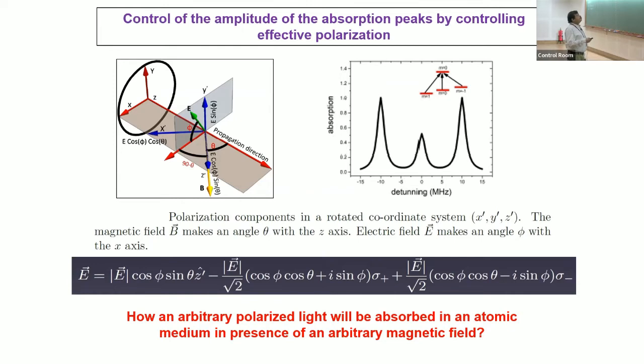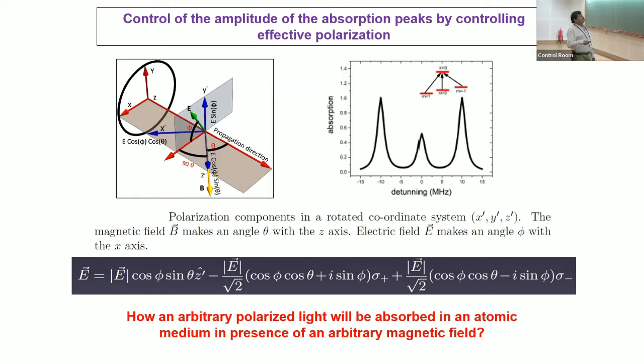So what we want to do is control the amplitude of these absorption peaks by controlling the effective polarization. In this case, obviously all the transitions will take place, but the intensities will not be the same, and how they change is the interesting fact. Here the electric field depends upon phi, that is the polarization axis, as well as the quantization axis, that is theta.